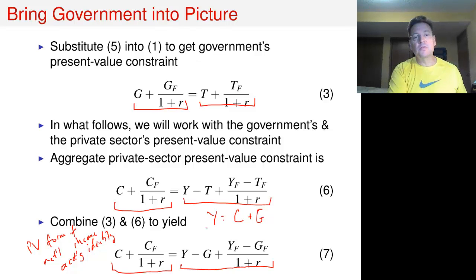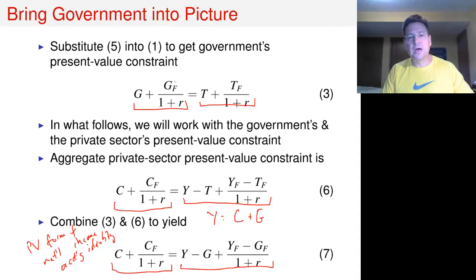So there are some implications that flow directly from these equations. If we ask, what are the effects of government financing in this model? What you can see is that households don't care whether they get taxed today or they get taxed in the future. What they care about, and this comes out of equation 6, is the present value of taxes. But the present value of taxes is completely nailed down by the present value of spending.